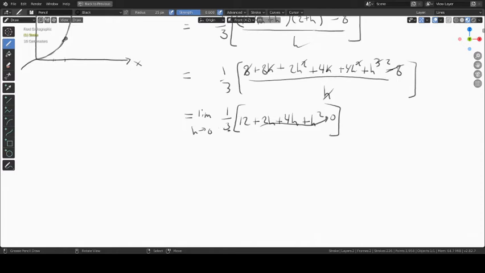And then what we're left with is 1/3 times 12, which will give us 4. What's 12 divided by 3? 4. Go ahead and write that. So the answer is 4.